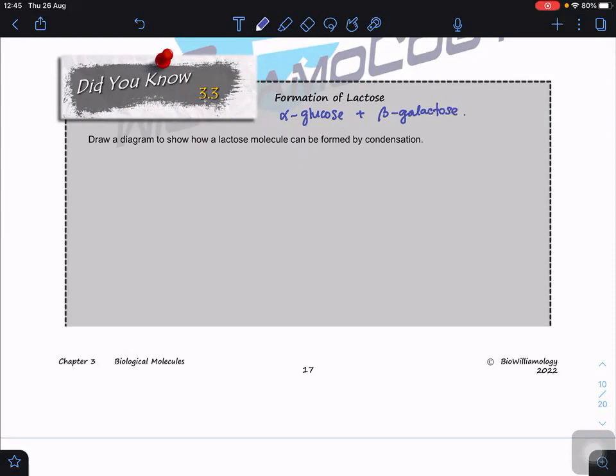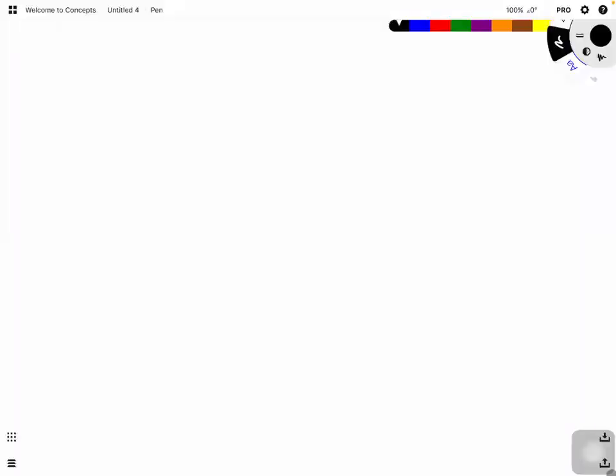So I'm going to draw out the structure, so later you can copy it down inside this box. Let us compare the structure first between the glucose and also the galactose. First, let us look at the alpha glucose, a simplified structure of alpha glucose.